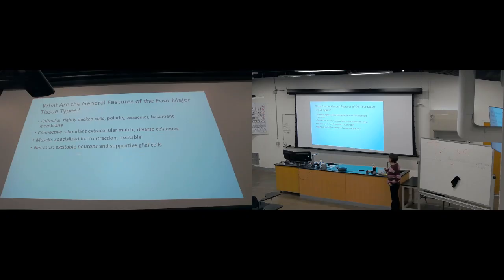And then we have nervous tissue, in which you have excitable neurons, and then you have supporting cells, which are called glial cells. When we start looking at nervous tissue, you will see the different types of glial cells and what their function is.